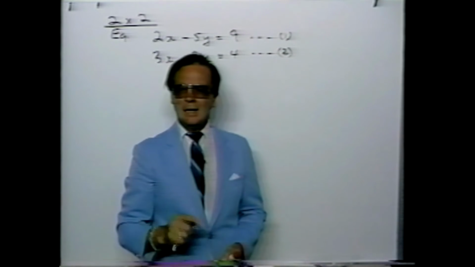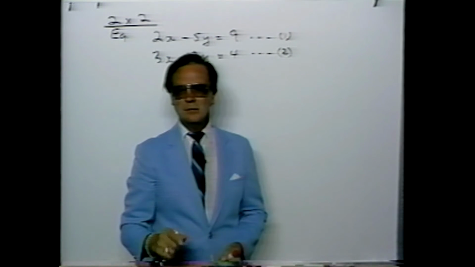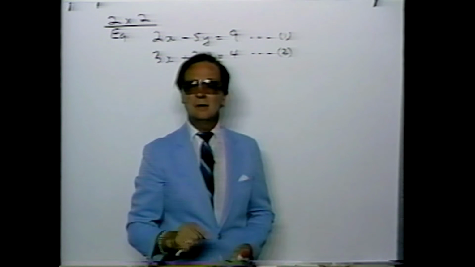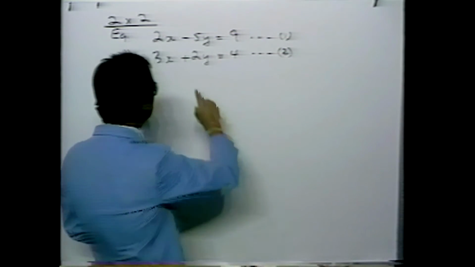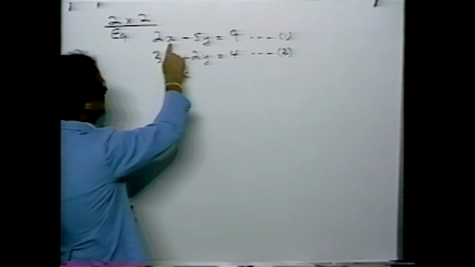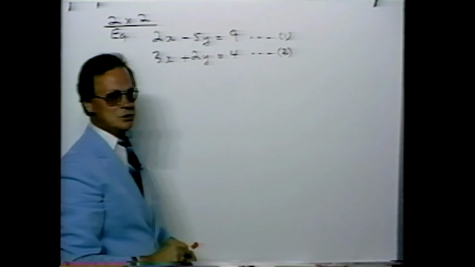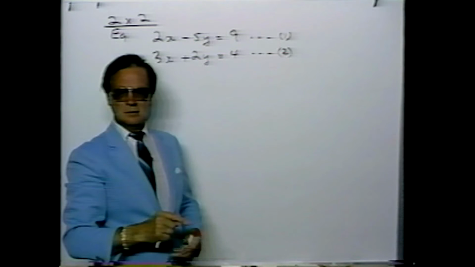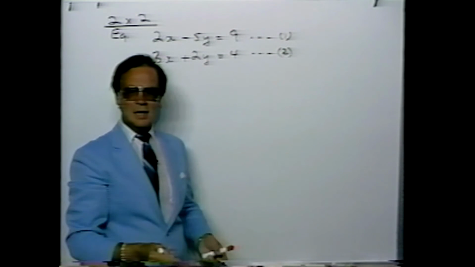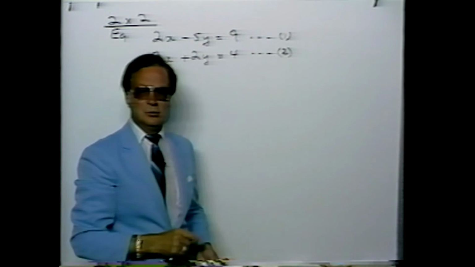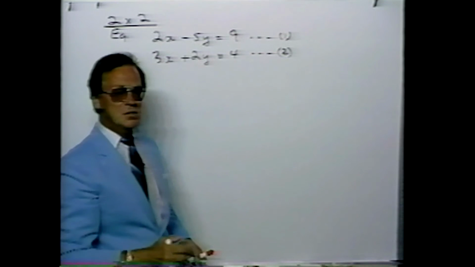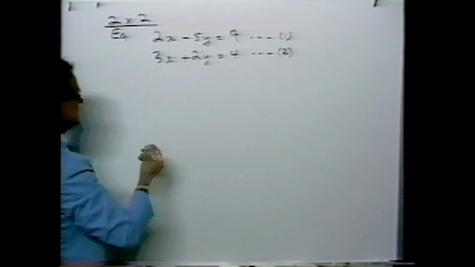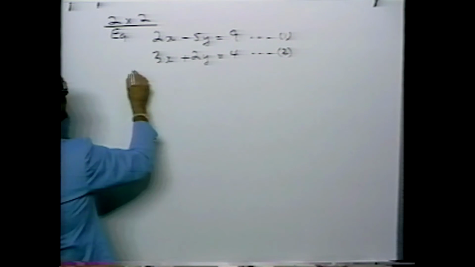Well, I'm allowed to multiply or divide both sides of any equation. If I can get the coefficient of x to be the same as the coefficient of this equation, if I subtract, I'll end up with 0 in that column. And this is how I establish that objective.